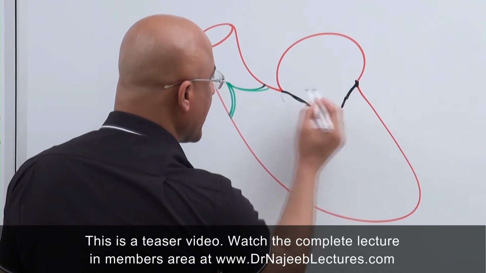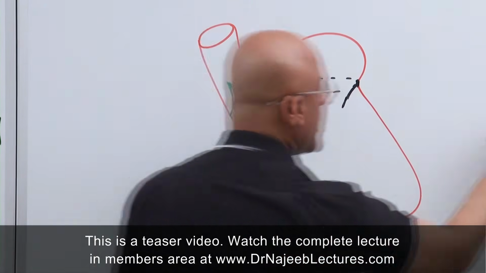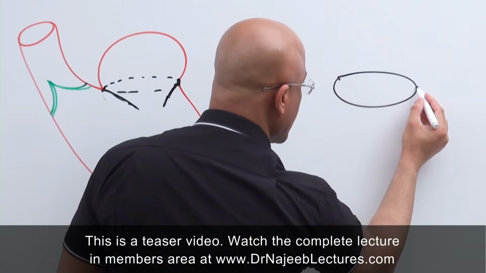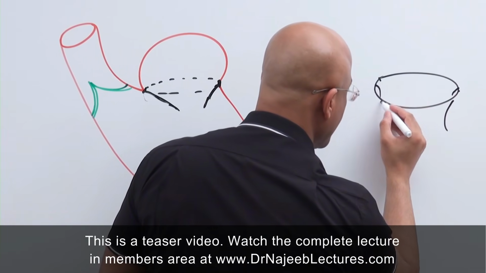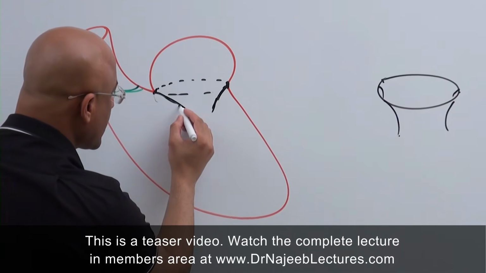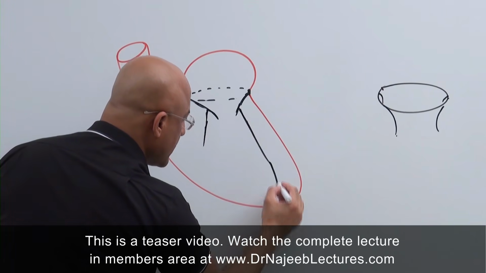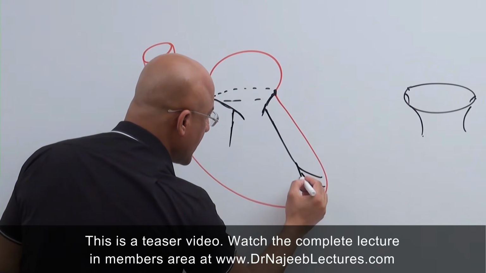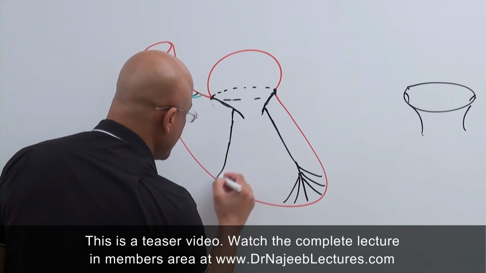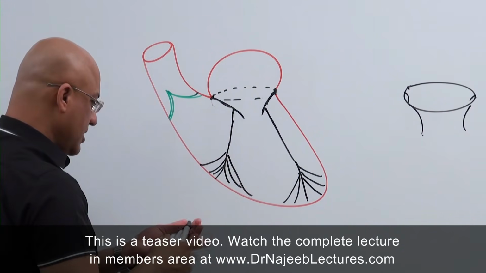It has an annular ring in which the valve cusps are attached. Right? And then it has chorda tendineae, and they are in the end attached to muscles, what are these muscles? Yes, papillary muscles. Is that right?